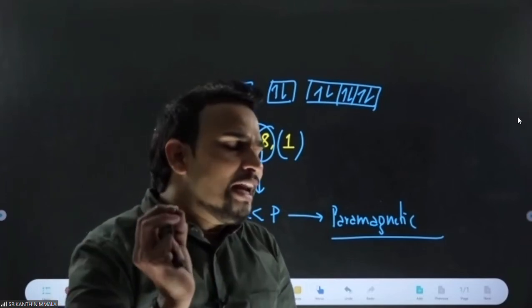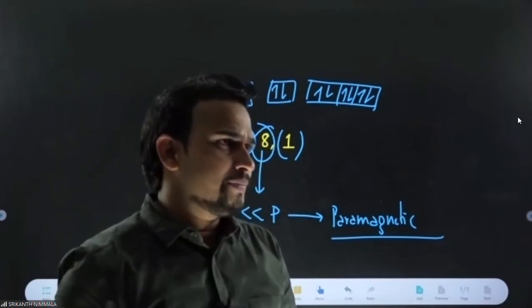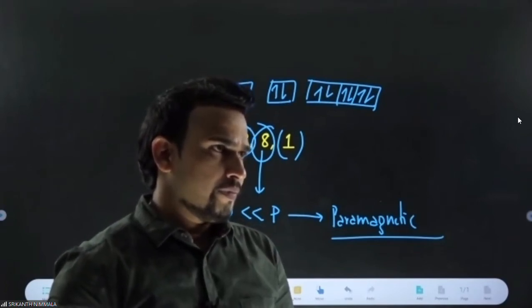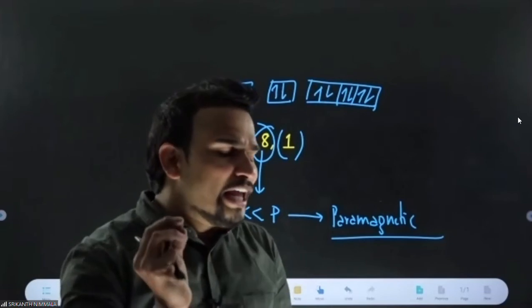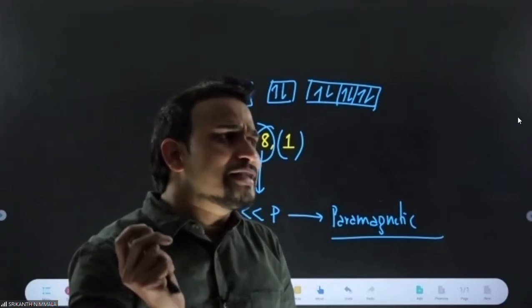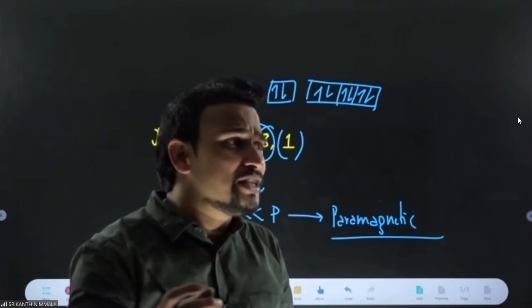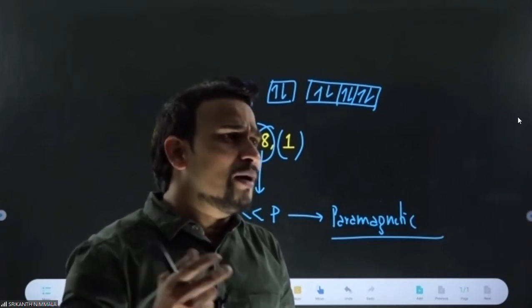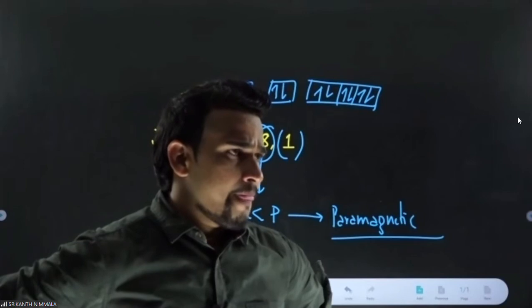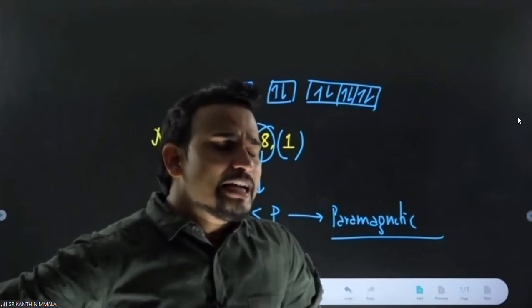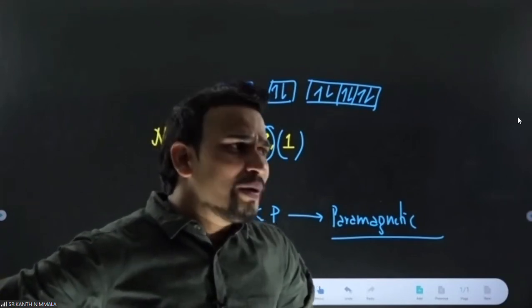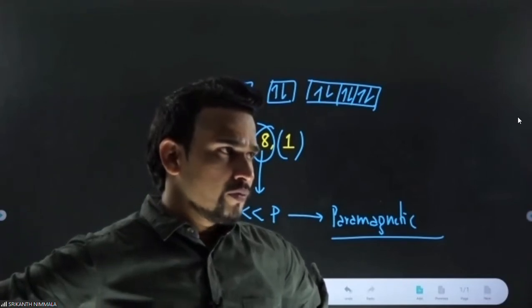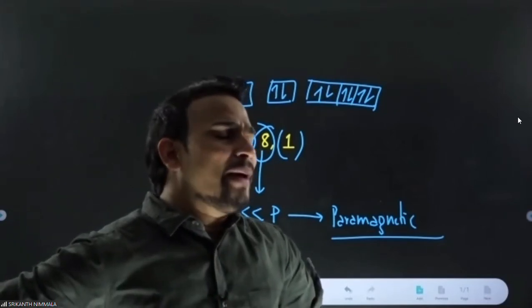But when an unpaired electron comes, diamagnetism becomes less dominant, and the body is said to be paramagnetic.